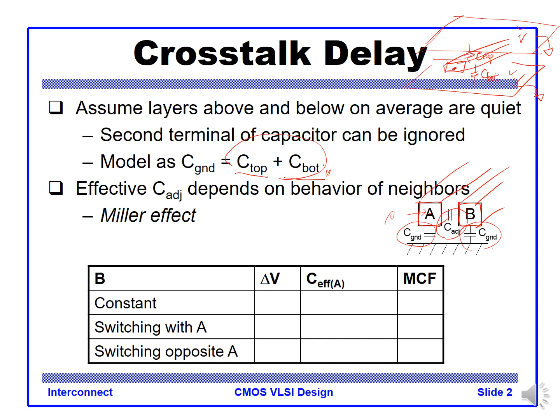That would depend on the activity on B, because we know the Miller effect: if we have a capacitance with a terminal A and a terminal B, and terminal B is somehow driven by some proportional gain from the terminal A voltage, then we see a different capacitance value.